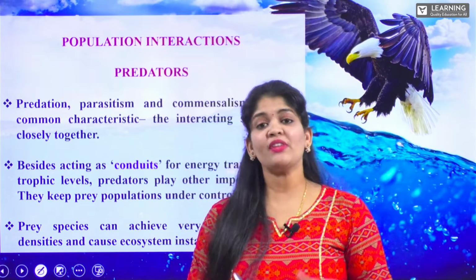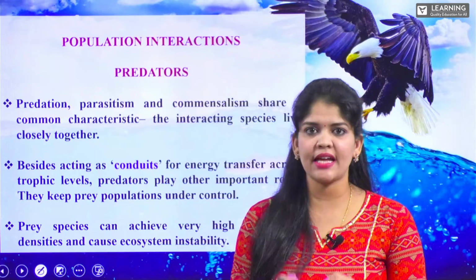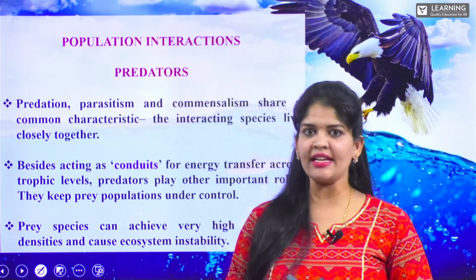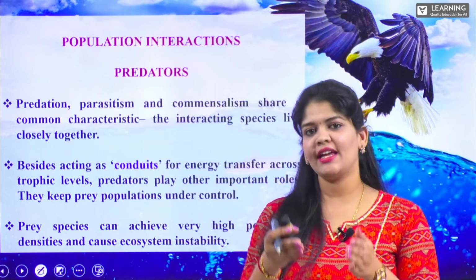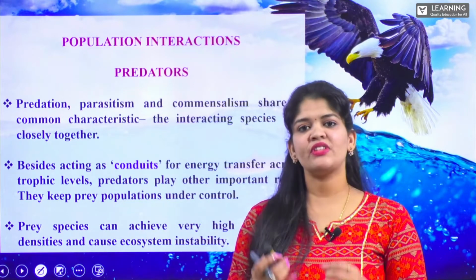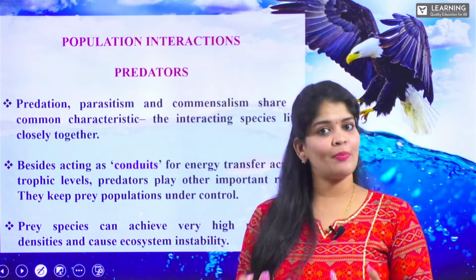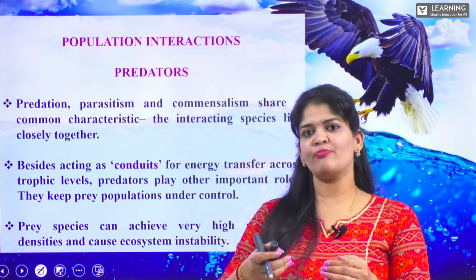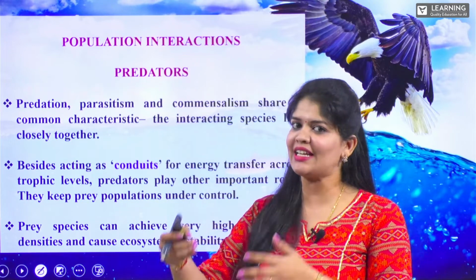In this series, we have been understanding how the two species involved in the interaction, what we call interacting species, may get benefited or may get harmed. Depending upon that, they are categorized into different interactions.